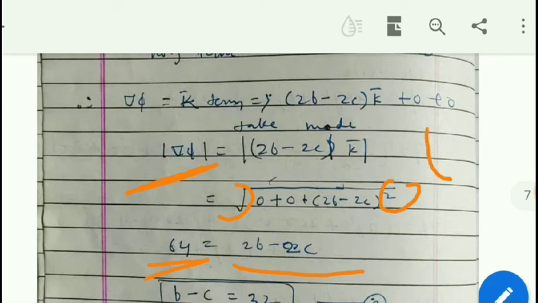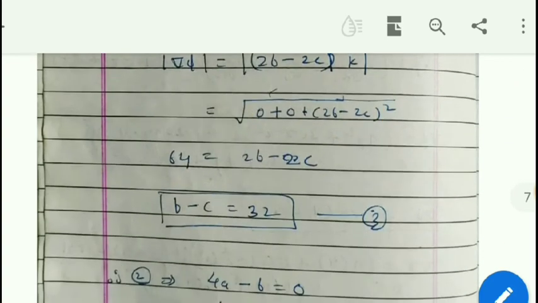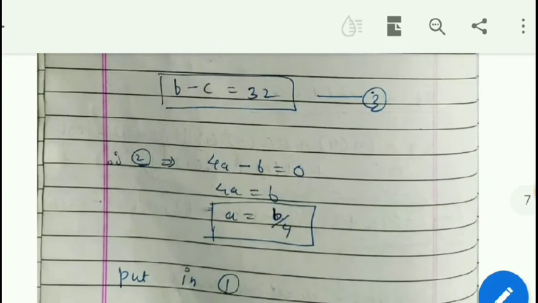That means 1 by 2 square, so 2 cancels, and the remaining term is 2b minus 2c. So 64 equals 2b minus 2c. Taking common 2, we get the simplified equation b minus c equals 32. This is equation number 3.